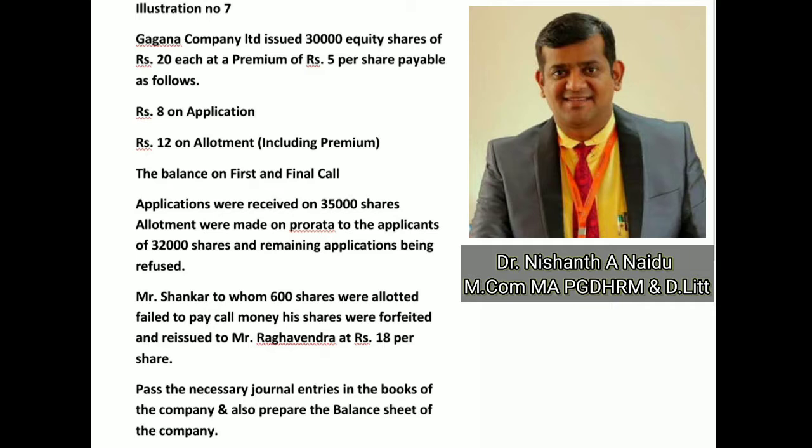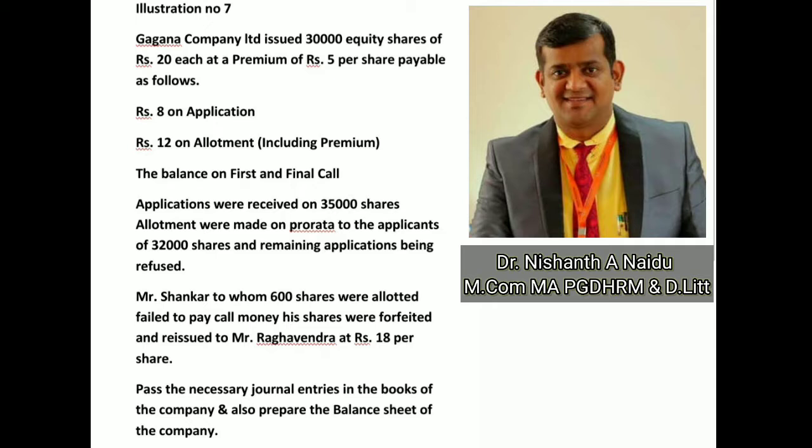So we have kept with us the application money of 32,000 shares, and the remaining 3,000 are rejected. That is what pro rata allotment says. The balance 3,000 shares' application money has been refunded, and the remaining applications were refused.